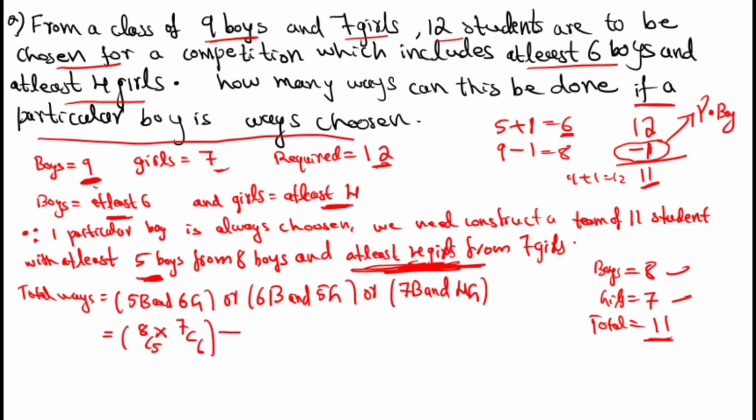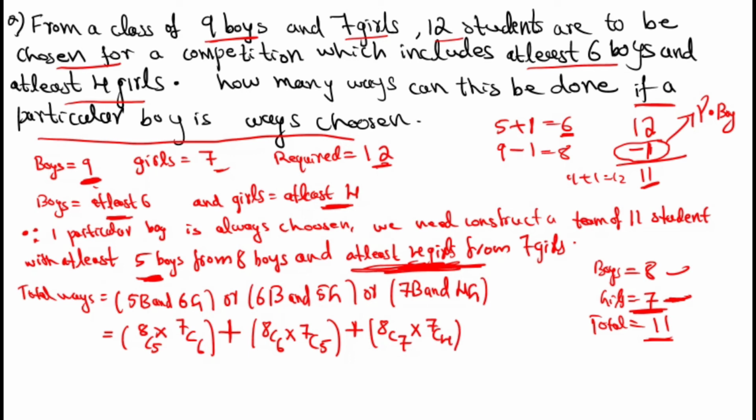Or means plus. 6 boys you need to select, that is 8C6, selection of 6 boys from the 8 boys, into 5 girls, that means 7C5. Here you can see 7 girls. Or means plus 7 boys from the 8 boys, that is 8C7, into 4 girls. 7 girls are given, you need to select 4 girls, that is 7C4.